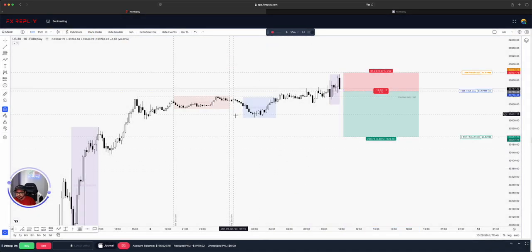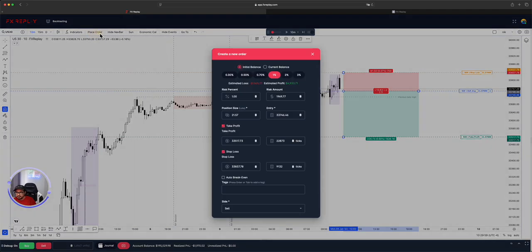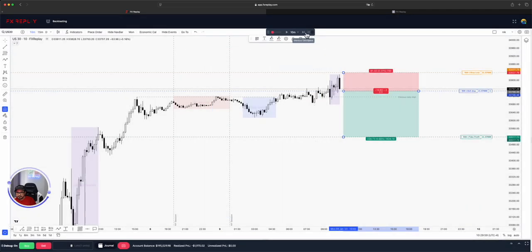Let's do the checklist. New York Stock Exchange opens with PDH liquidated. There's a manipulative swing, and then we found a bearish candle which has swept the previous candle's high and closed lower. This is a proxy for a market structure shift, and then we put a sell stop order and then we play price.